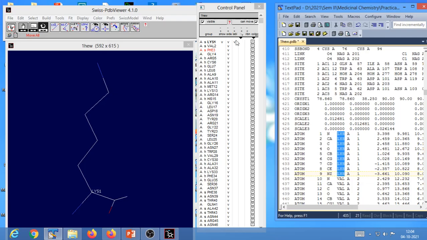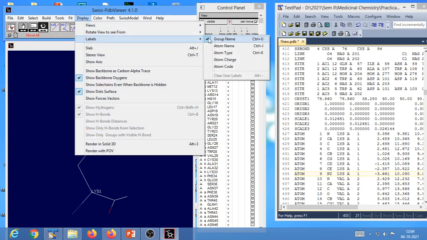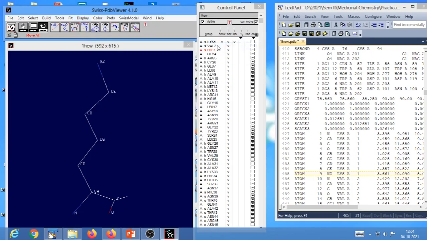When you click on this label button, you have labeled this lysine. Okay, so now, in order to understand in more detail, we have just labeled the amino acid residue and the number. For the sake of simplicity, you can display the labels as atom names so that you can visualize what the different atoms present are.